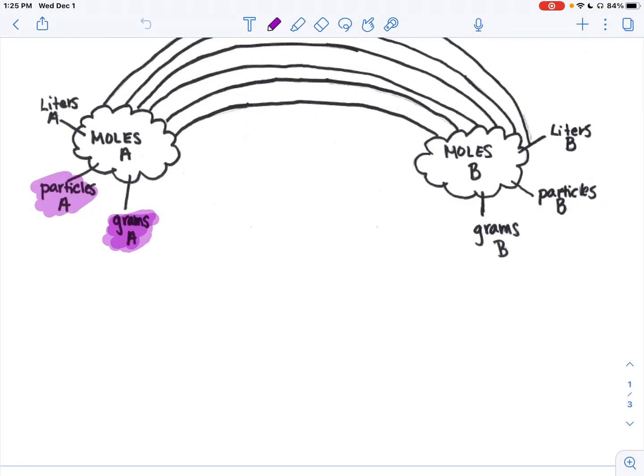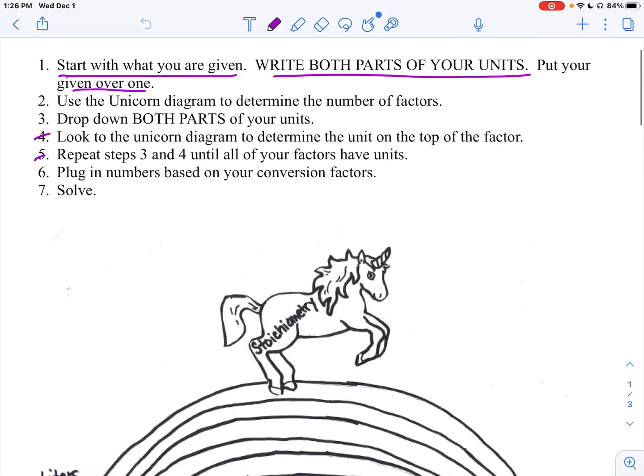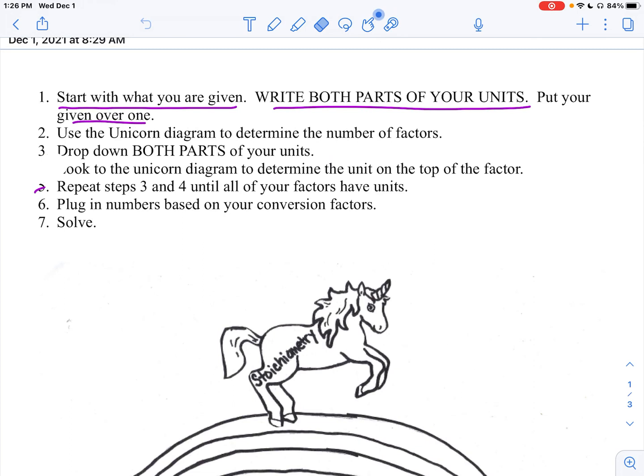This tells you what goes on the top of the second factor and therefore what you end up bringing down. So if you look at rule number 4 and 5, we skipped over them last time. Look to the unicorn diagram to determine the unit on the top of the factor. And then 5 says repeat these steps until all of your factors have units. That's going to be more helpful in unit 4. So you look to the unicorn diagram to determine the unit.